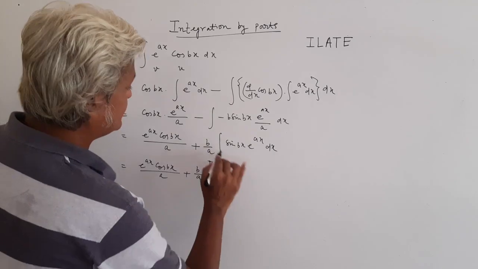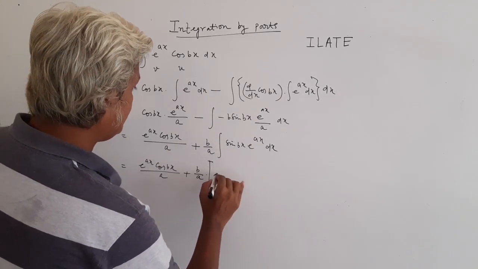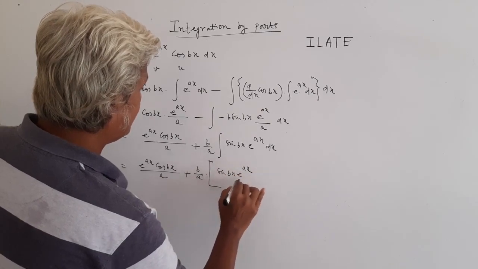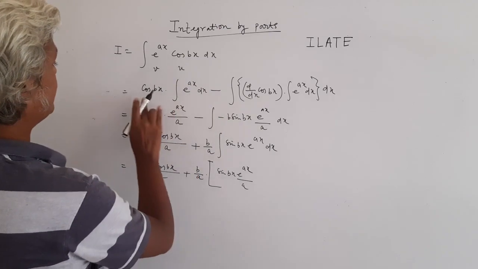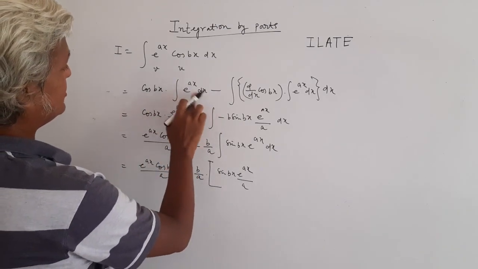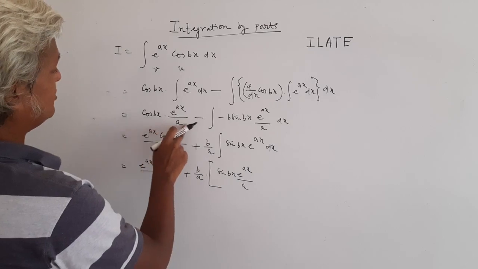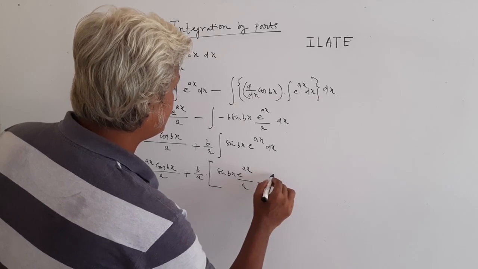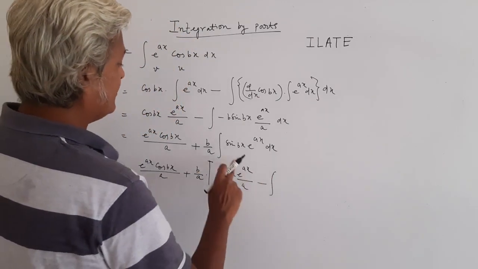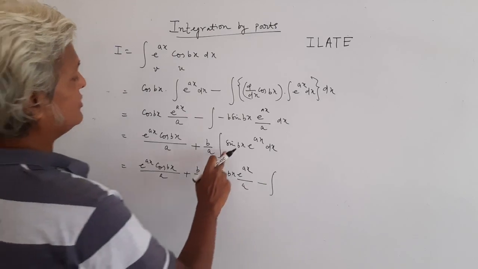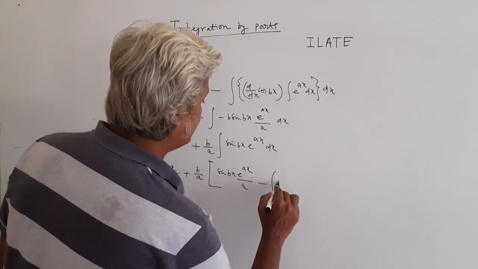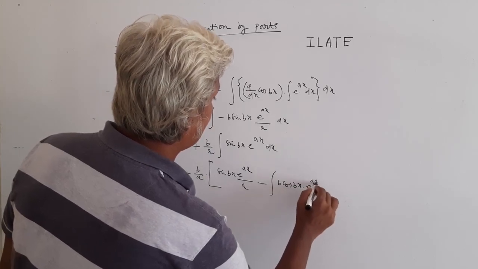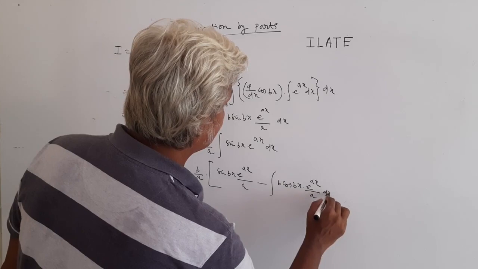Now I use box bracket, and then I get sine bx e to the power ax by a, very same way, cosine bx unchanged, and integration of e to the power ax is just e to the power ax by a, so I have written it directly, minus integration of product of differentiation of sine bx, which is b cos bx, and e to the power ax by a dx.